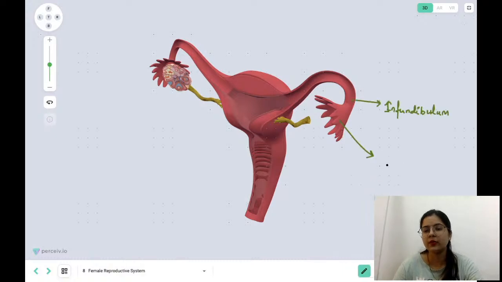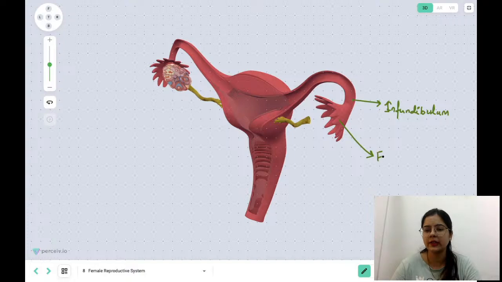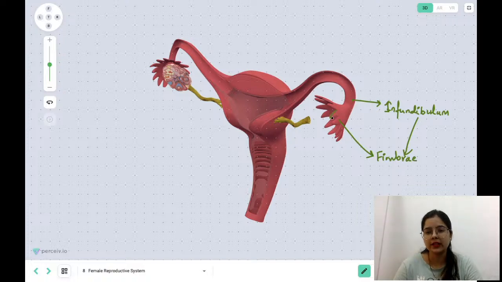So this portion which you can see, this is considered to be the Fimbri. So Fimbri is basically a component of the infundibulum, that means the distal end of the infundibulum, which has finger-like projections. So you can see that this is basically having finger-like projections.